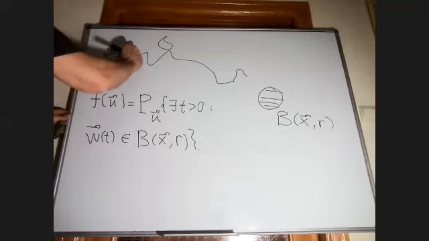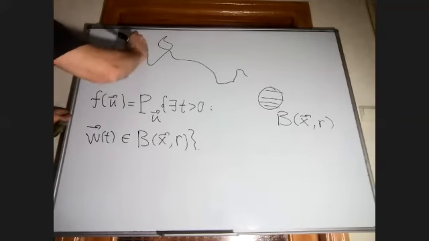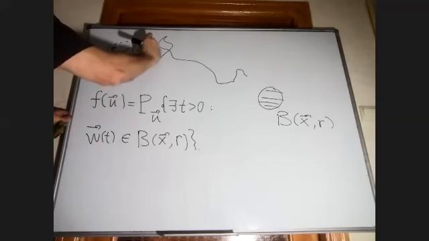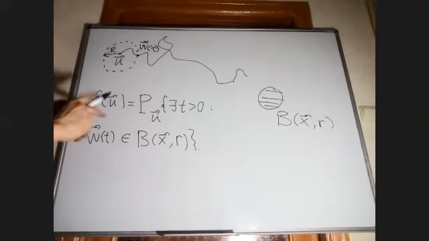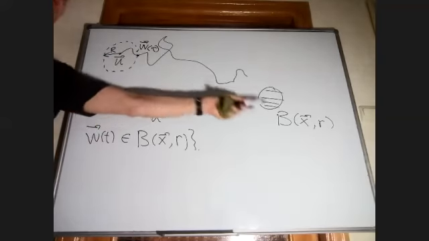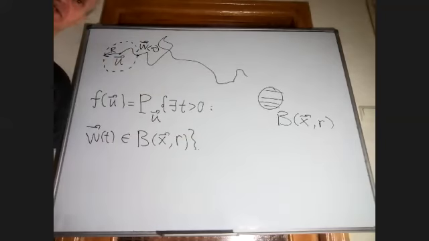Then we will have a point which we already denoted by W tau, and then we must start from here and hit those balls.